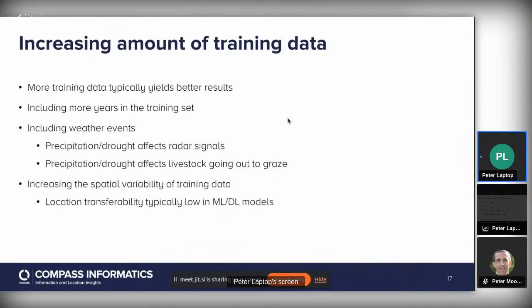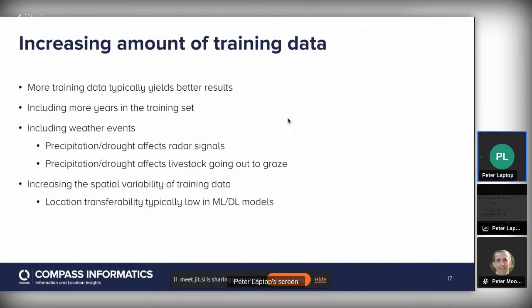Increasing the amount of training data. In most machine learning experiments, increasing the amount of training data, if it's accurate, of course, will yield better results. For example, in this case, I could use more training years in the training set. Including weather events would hopefully increase the results a lot because precipitation and drought affect radar signals.